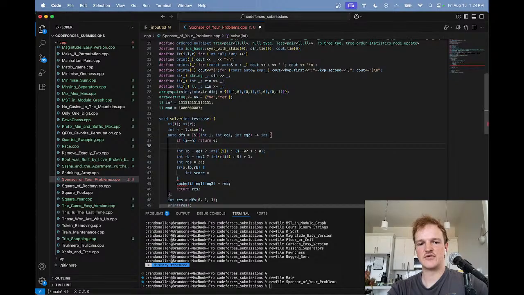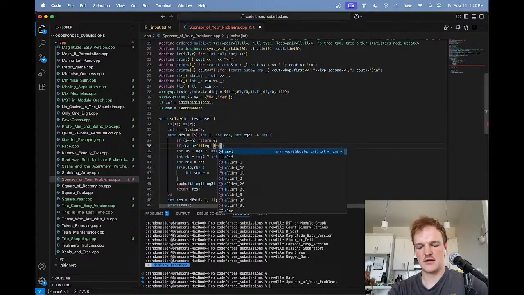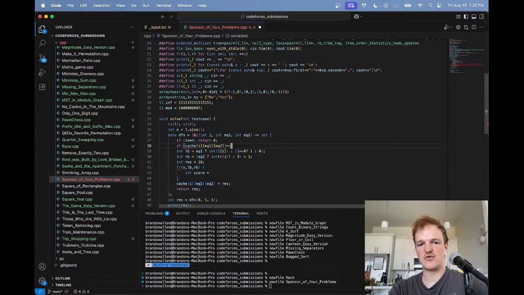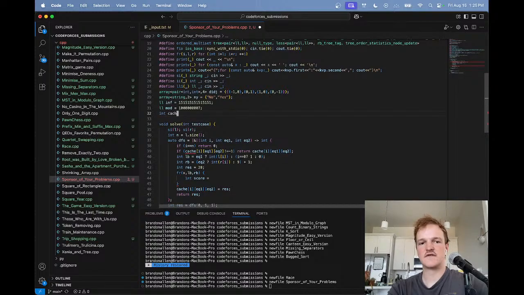If I is n, return 0. If cache at I at ec1 at ec2 doesn't equal -1, return cache at I at ec1 at ec2. Int cache 10 to 2. Should be good.